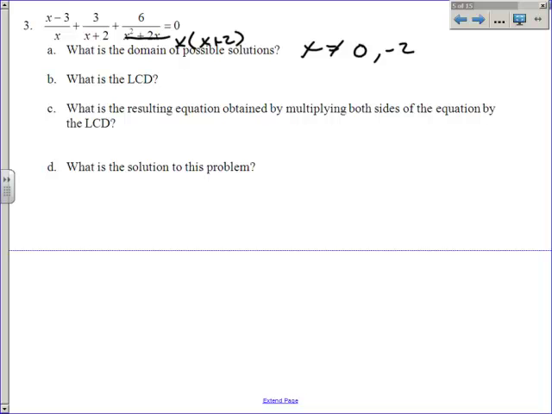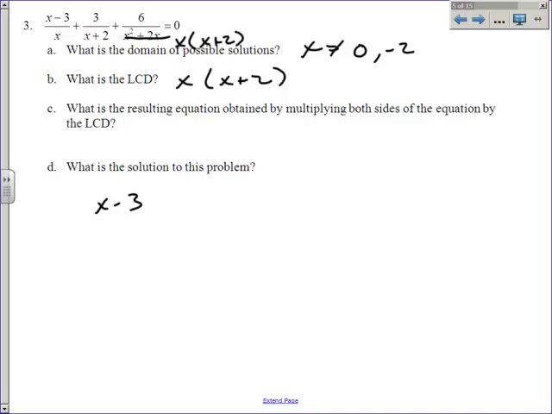What is the least common denominator? Well, look, this is x times x plus 2. If I work it out, that is exactly what my least common denominator is, x times x plus 2. What is the resulting equation obtained by multiplying both sides of the equation by that? Well, let's work it out down here on the bottom.